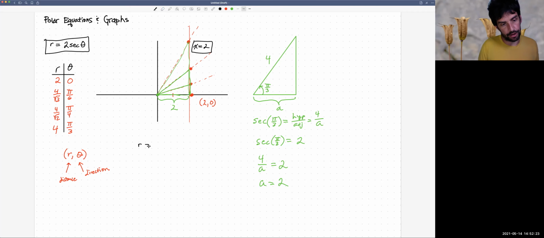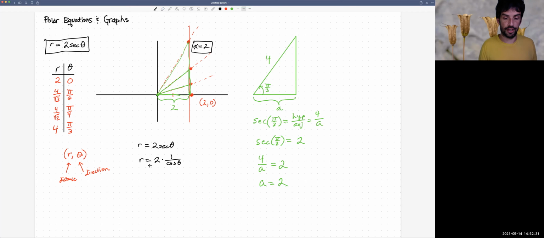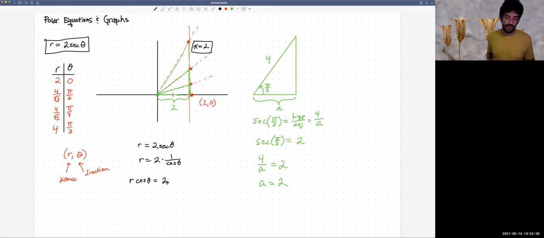So let's look at this equation, r equals 2 secant of theta. Well, I know that secant of theta is just 1 over cosine of theta. If I multiply by cosine of theta on both sides, I get this.